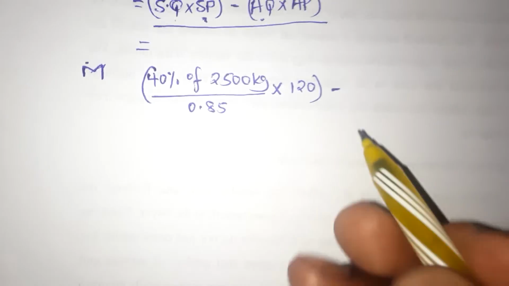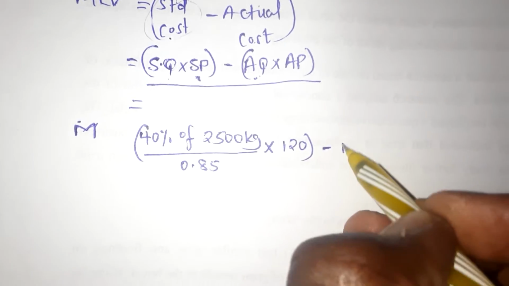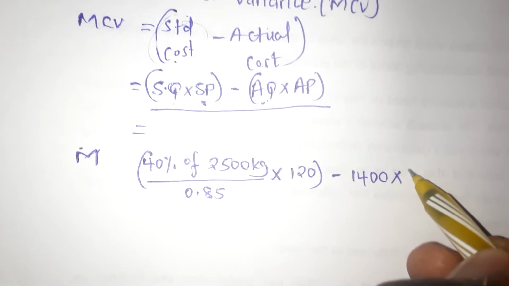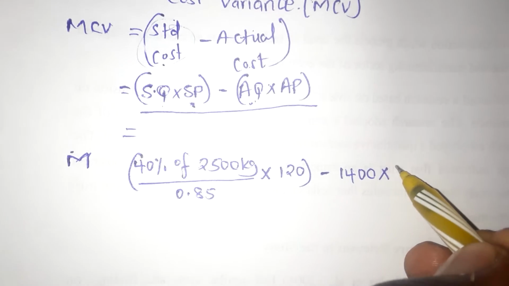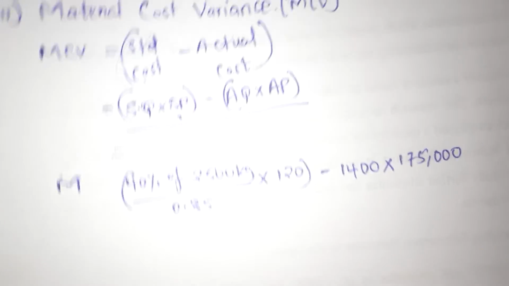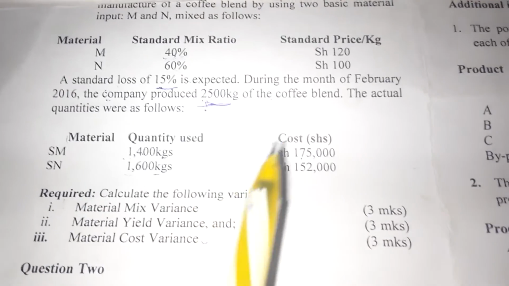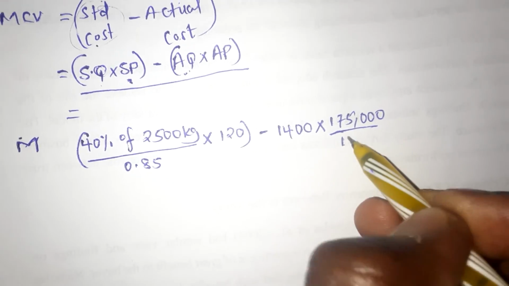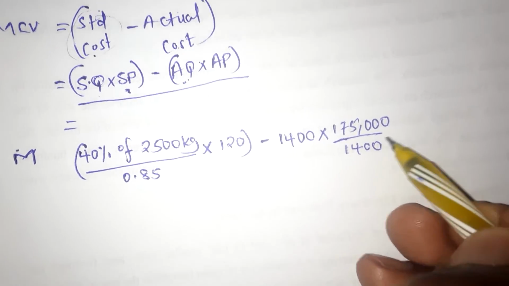So back here, the actual quantity is 1400 times actual price. Actual price we have said is 175,000, which was the actual cost given here, divided by the actual quantity, which is 1400.